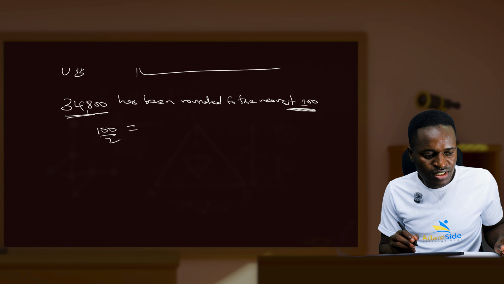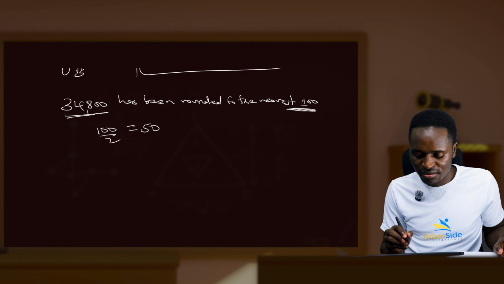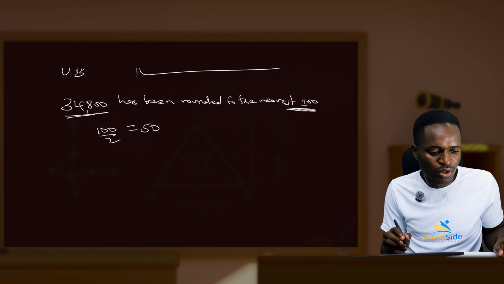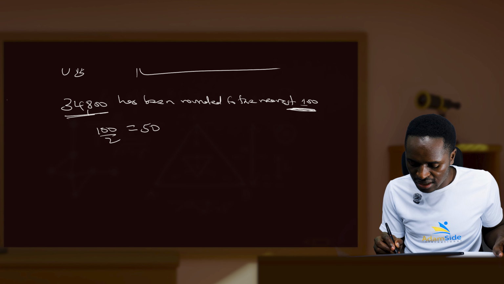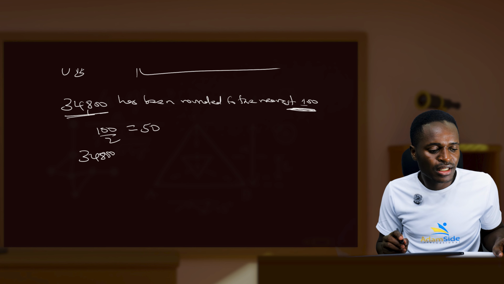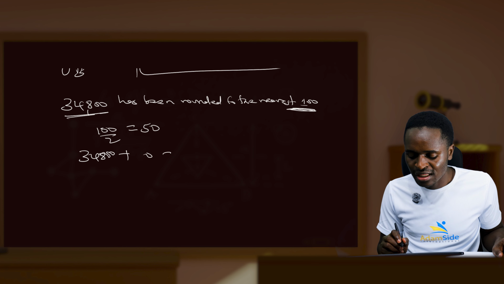After we get that, adding this limit to the number that has been rounded, we get the upper bound. So for example, 34,800 add 50, you get 34,850.